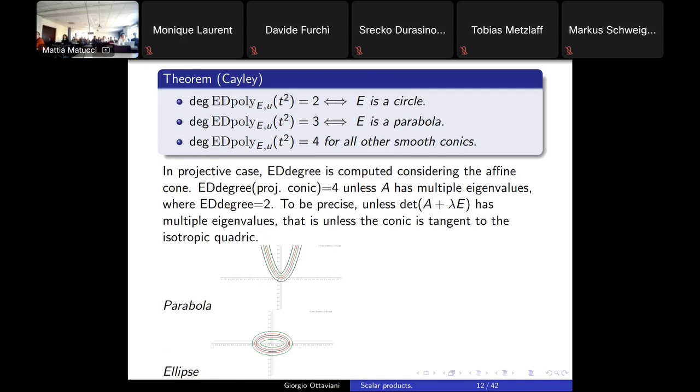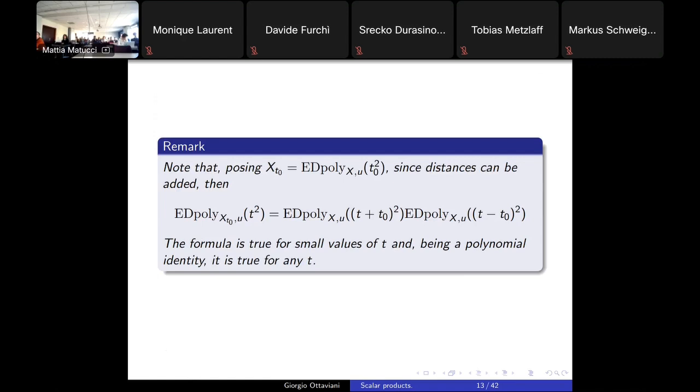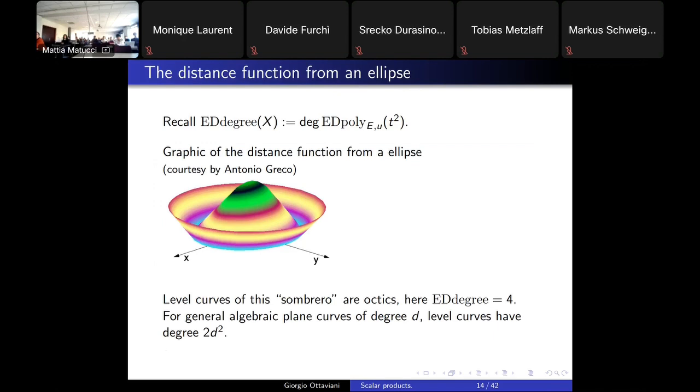And this gives an equation that you can use: if you start from x and you find x at t0, some radius t0, then you can compute again the distance to x at t0, and you get this formula, which can be helpful to understand the situation.